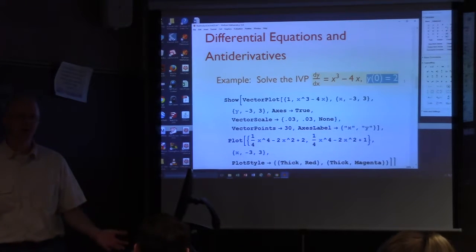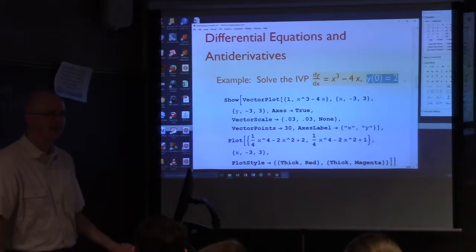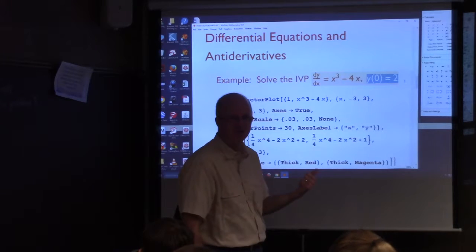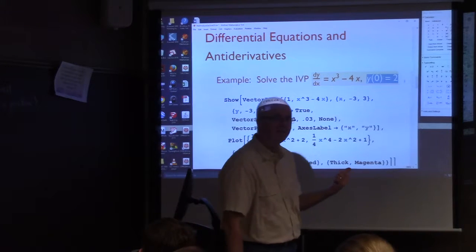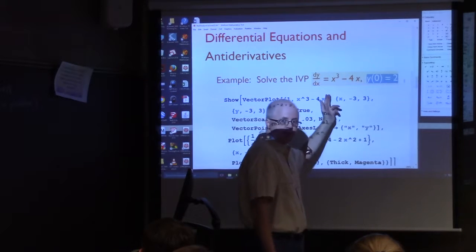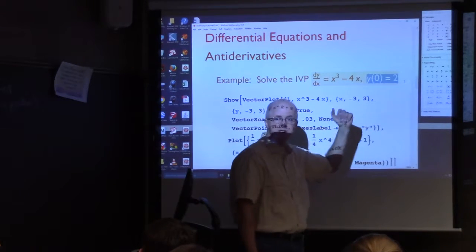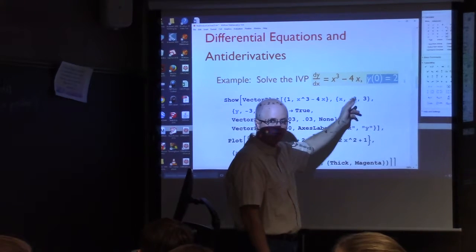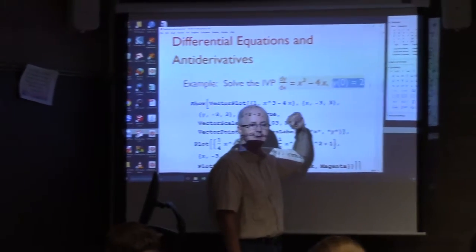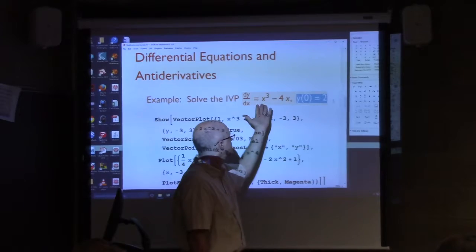This is what I call a pure antiderivative problem. This kind of problem actually comes up very rarely in differential equations because it's just too easy. It's just an antiderivative. What's an antiderivative of x cubed minus 4x? I'm looking for a function whose derivative is that, and also whose graph goes to the point (0, 2). It would just be the integral.